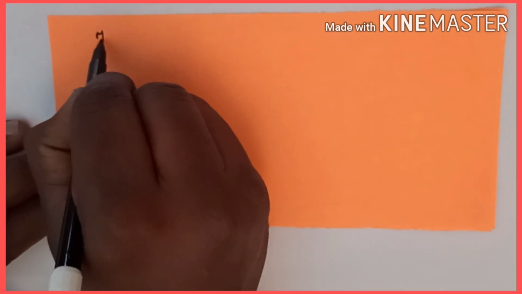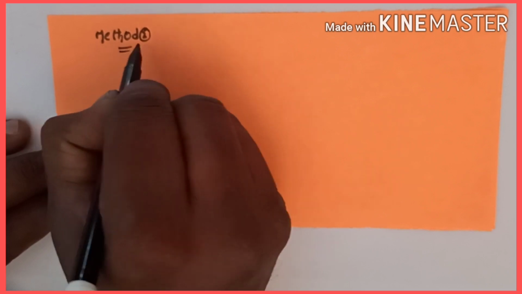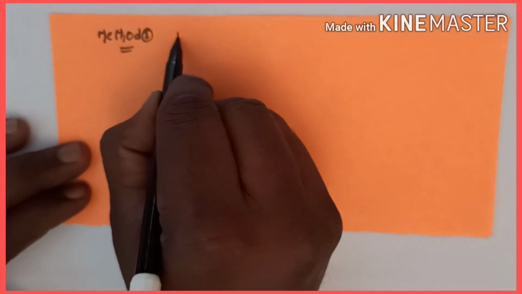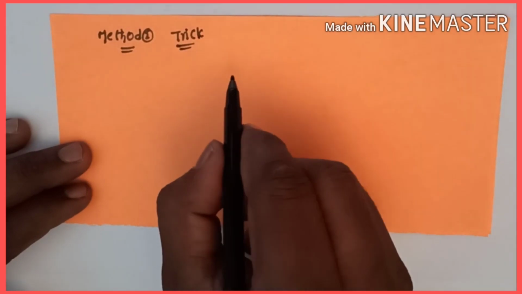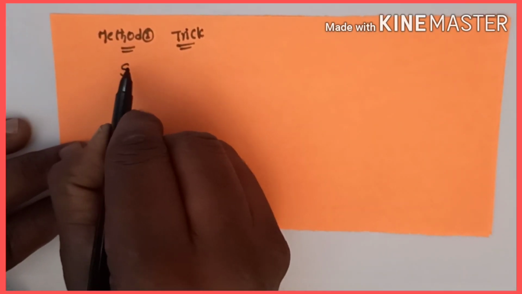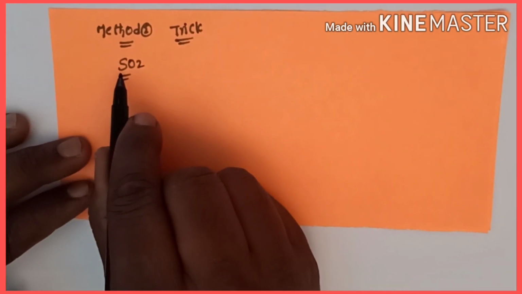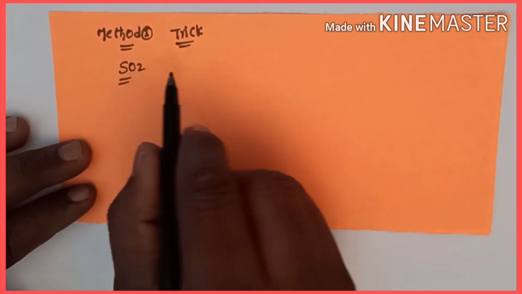Method 2, or you can think of it as a trick also. Whenever you forget the formula or have a confusion with the formula, take SO2. You know sulfur is the central atom, and oxygen is doubly bonded, its valency is 2.